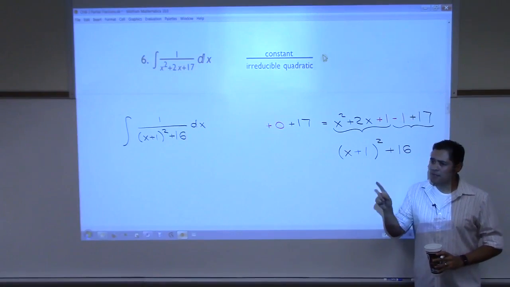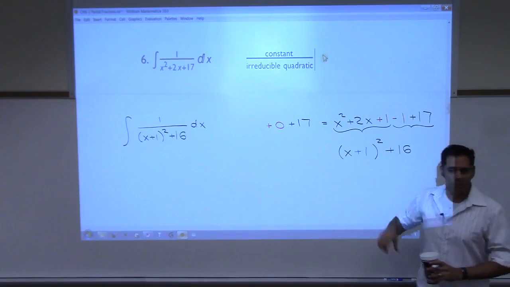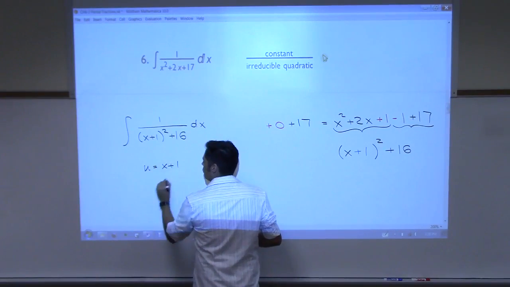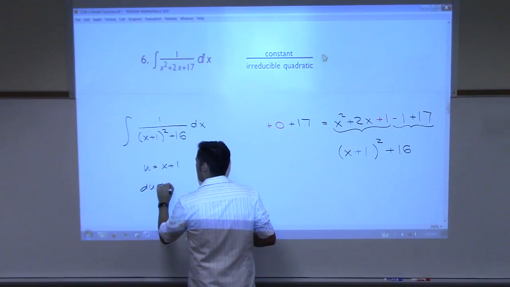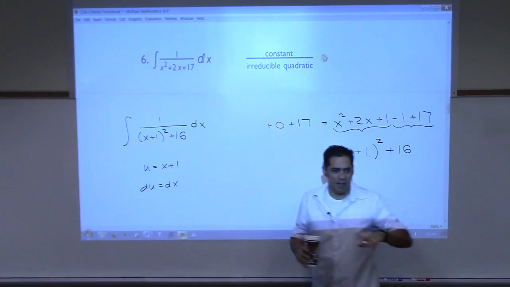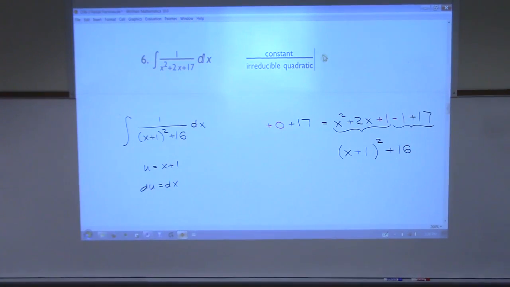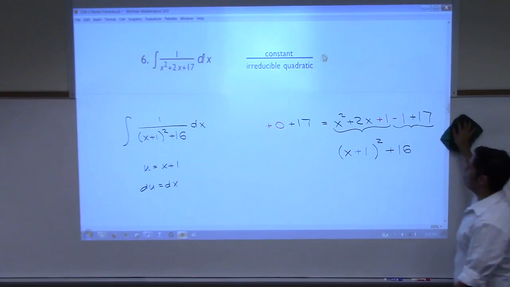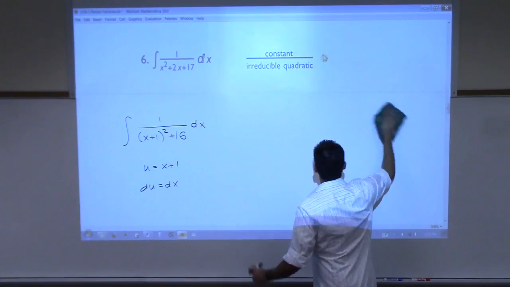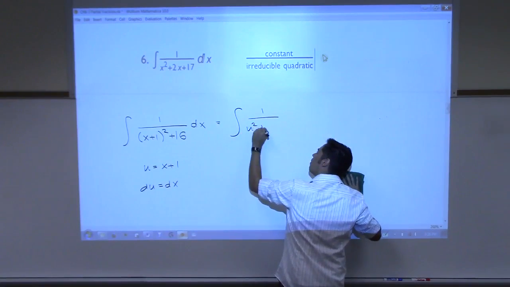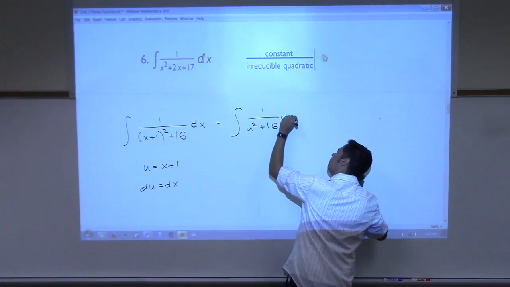So if I were to make a substitution right now of u is equal to x plus 1, what would du be? dx. And that's good because that means I'm not going to need to scale by anything, right? And this integral should just turn right into the integral of 1 over u squared plus 16 du.